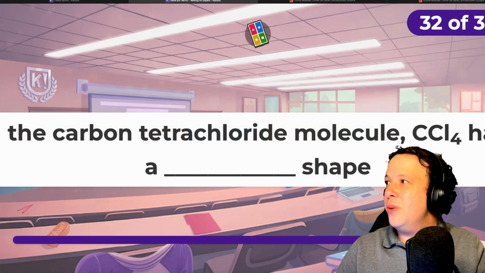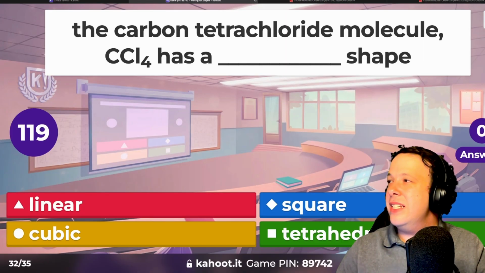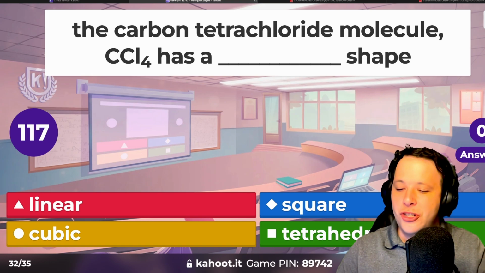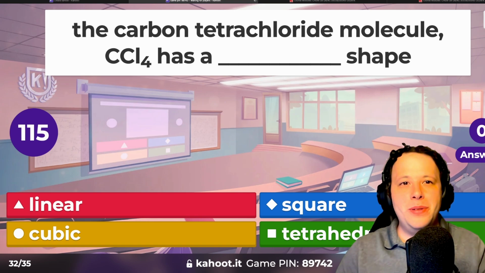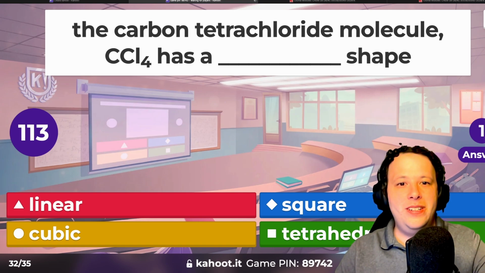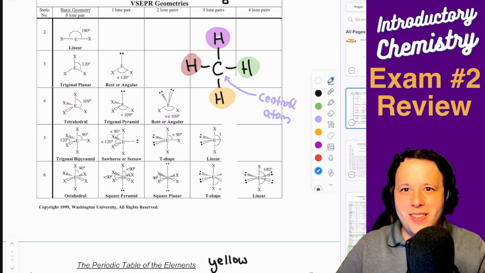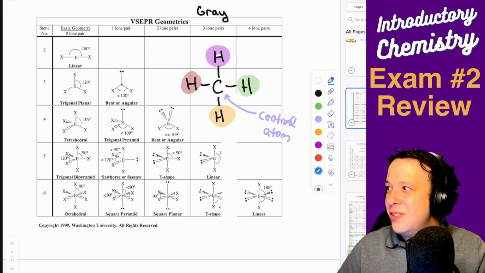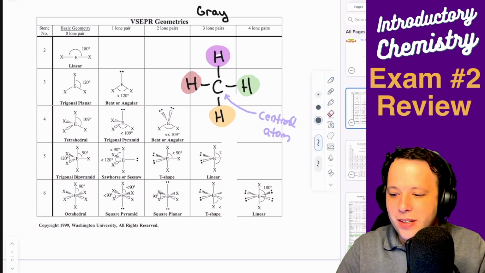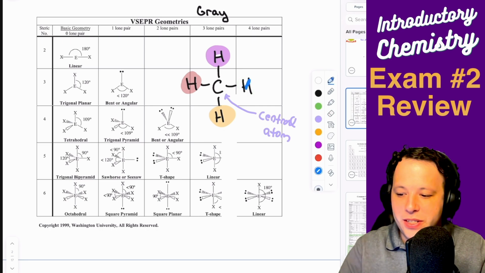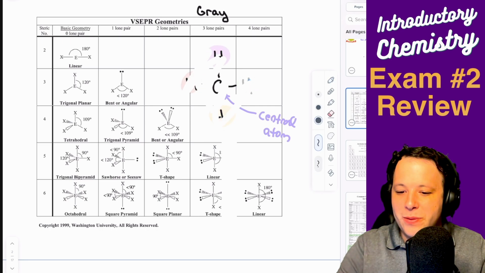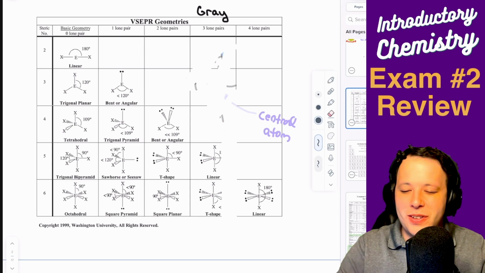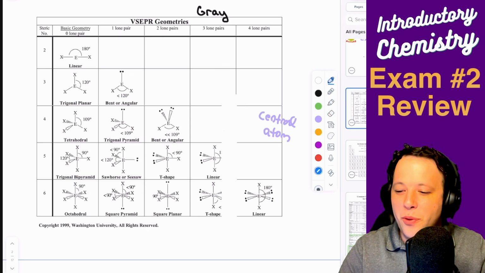Carbon tetrachloride molecule, CCl4, has what shape? So what is the molecular shape of carbon tetrachloride? You guys got it correct, which is great. We're going to have CCl3, or sorry, why did I say 3? CCl4.